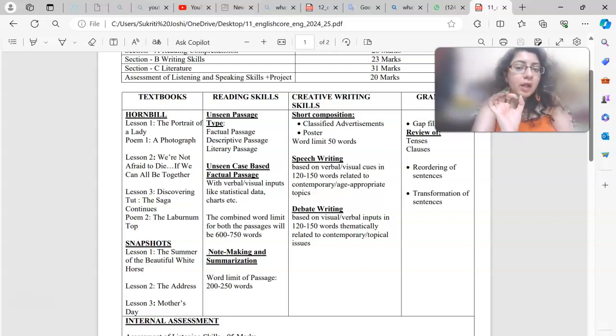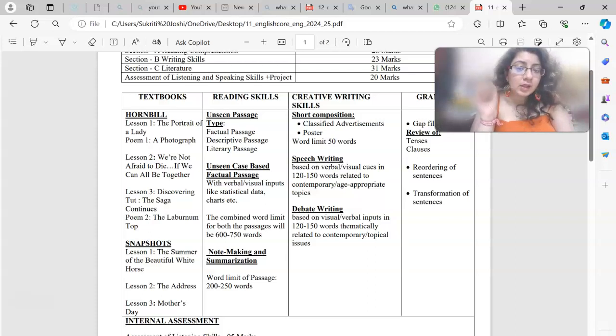Then you would be having speech writing, which would be based on verbal or visual cues in about 120 to 150 words, related to contemporary or age-appropriate topics. Contemporary means modern, which is flashing all over.